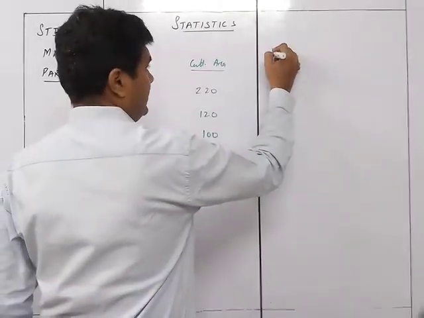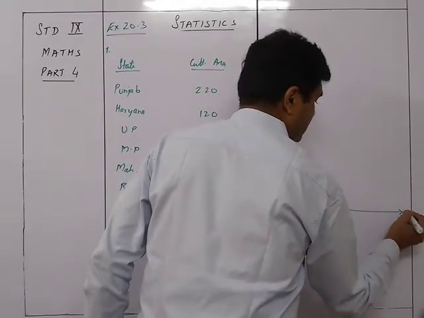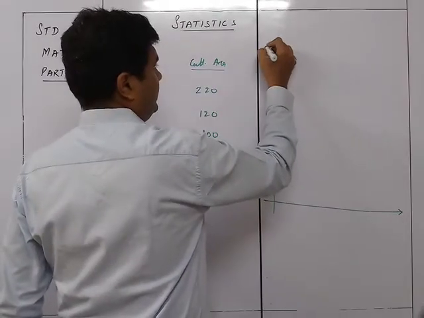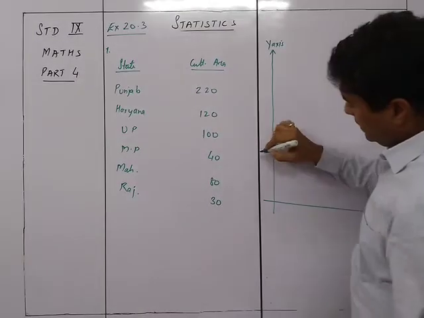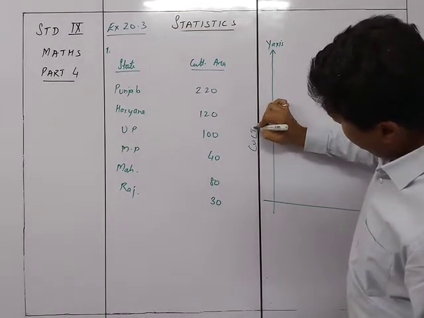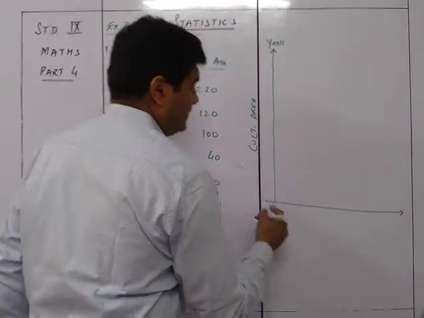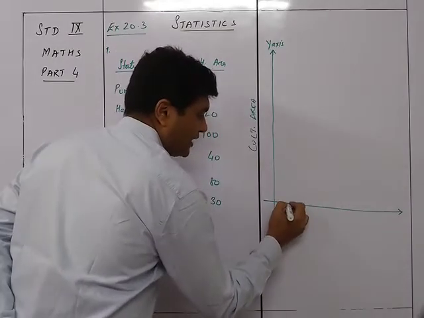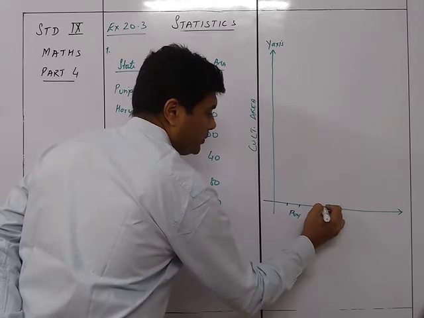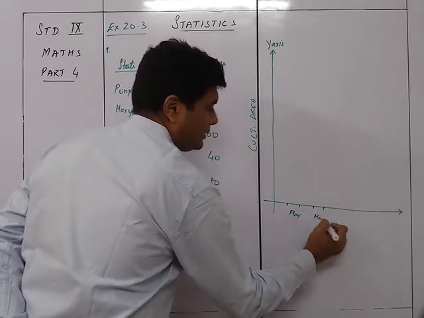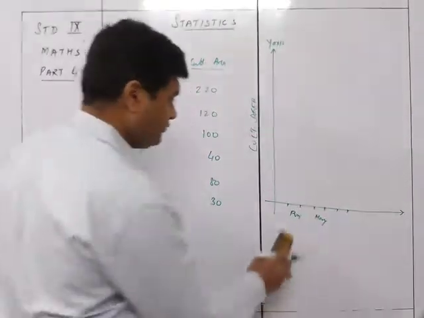So the bar graph will be like this. You just draw the y-axis and x-axis. So over here will be the y-axis, which will be the cultivated area, and over here will be the different states. So from here to here will be Punjab, from here to here will be Haryana, then it will be, okay, I'll do one thing, I'll just mark it first.